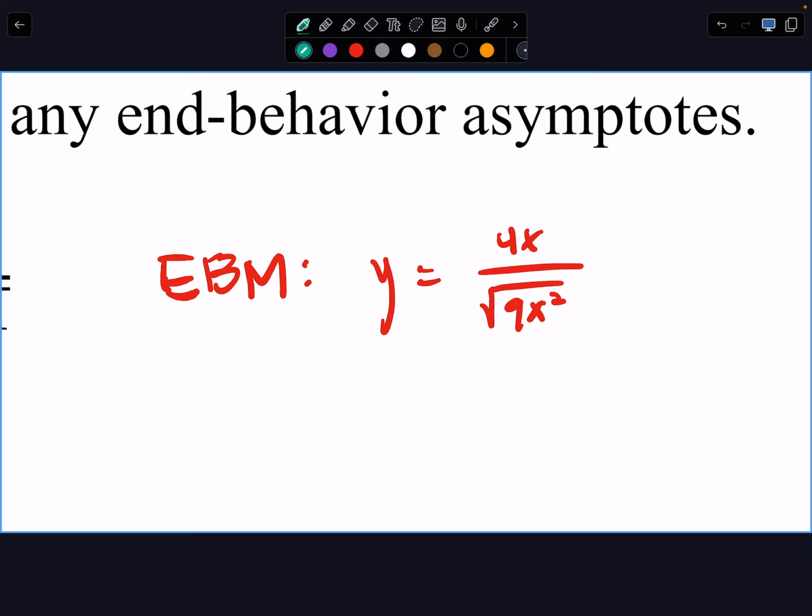Before we simplify, let's think about what the signs of the numerator and denominator could be. So as x approaches infinity, 4x would be positive, right? As x approaches negative infinity, 4x would be negative. So the numerator, depending on which infinity we're taking the limit for x approaching, can be positive or negative.